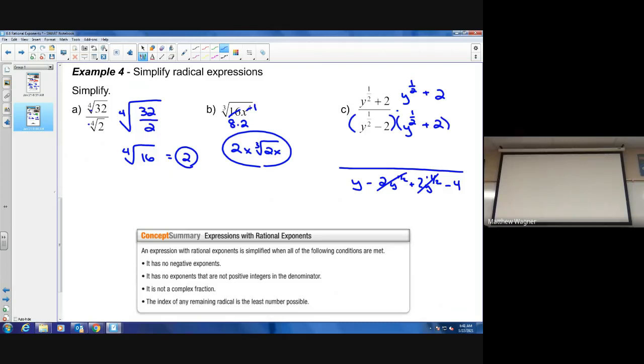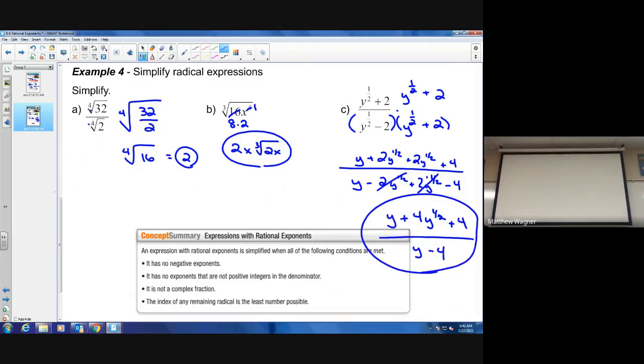Those will drop out. Up top, we have y plus 2y to the 1/2 plus 2y to the 1/2 plus 4, and you can then combine like terms. So up top, we have y plus 4y to the 1/2 plus 4. And that's all over y minus 4.